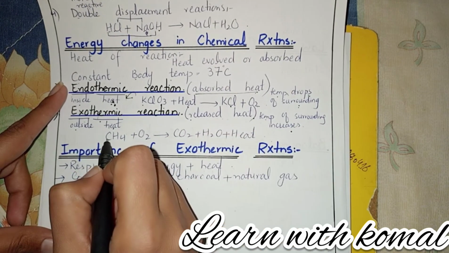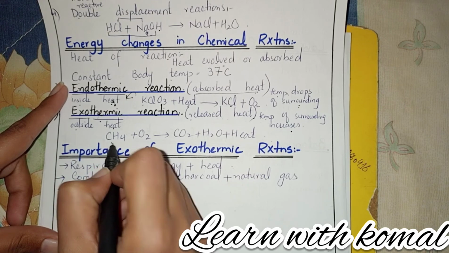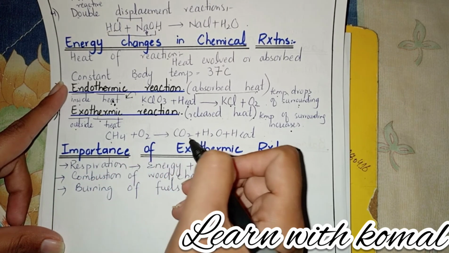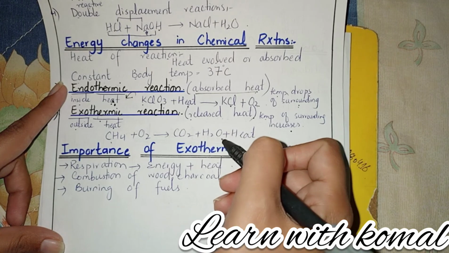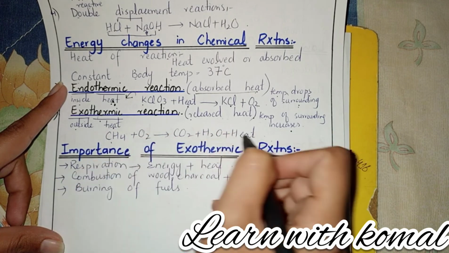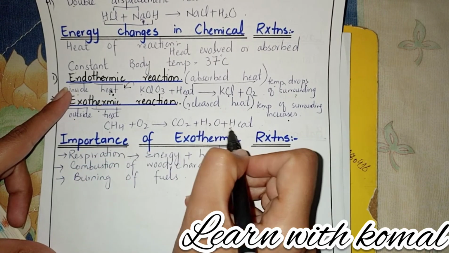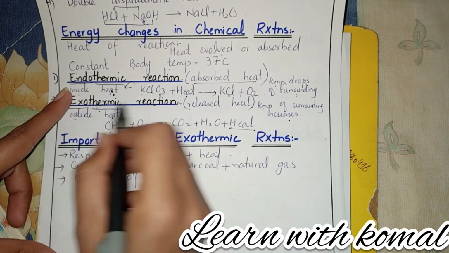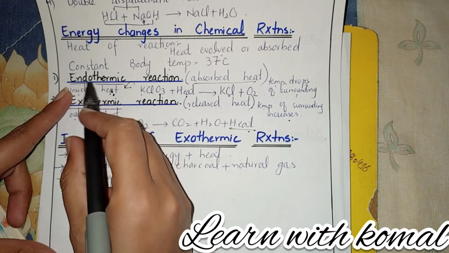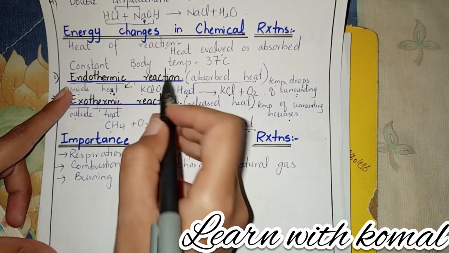While an example of exothermic reaction is methane combined with oxygen, it will form carbon dioxide, water, and heat. That is burning of natural gas. In this reaction, heat is released. In exothermic reaction, heat is released, while in endothermic reaction, heat is absorbed.